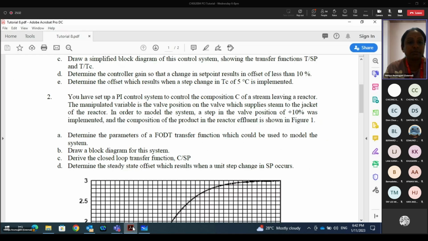Now part E: they're asking us to determine the offset which results when a step change in TC of 5 degrees Celsius is implemented.